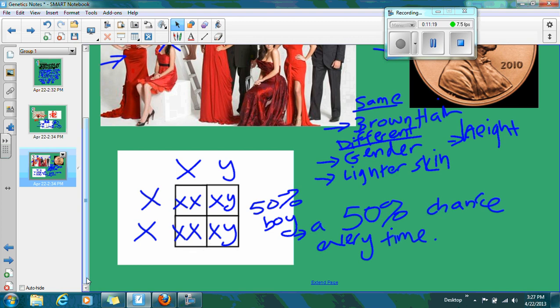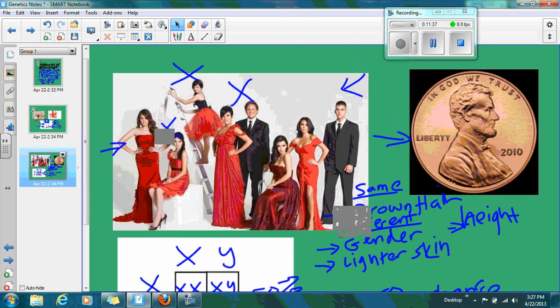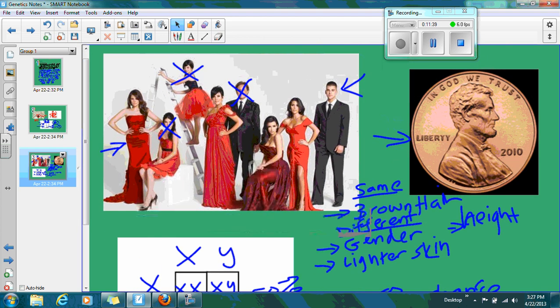Is there a chance of having a girl more than 50% if they have a 6th child? No. Every time they make a baby, it's a 50% chance of having a boy. And his family with 5 children that are all boys, or the Kardashian family, it's 50% every time.